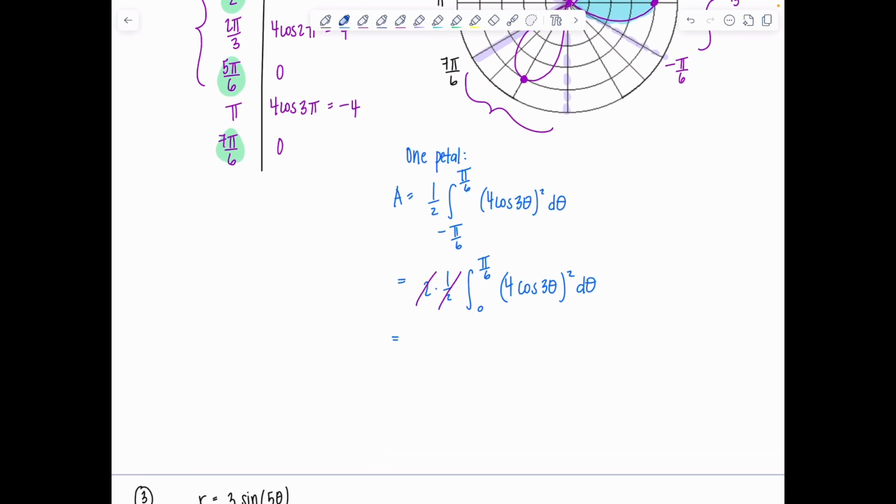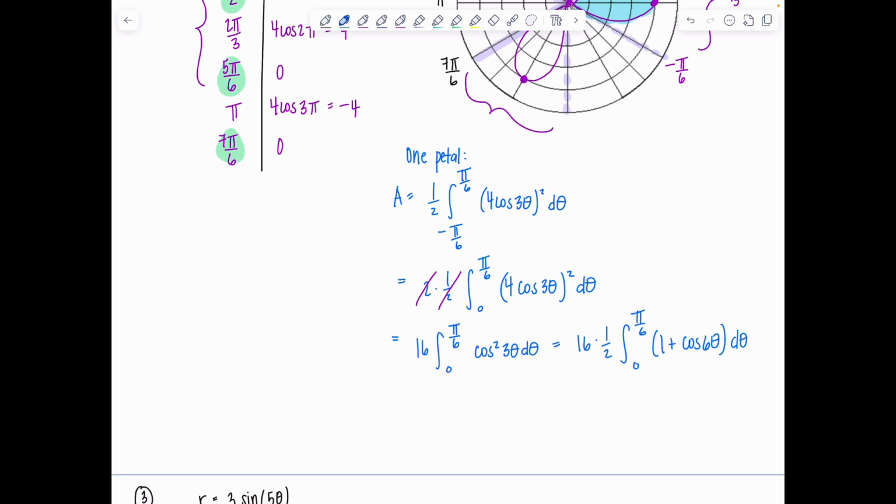Then this is going to be 16 integral 0 to pi over 6 cosine squared 3 theta d theta. Again, cosine squared, we're going to replace it with 1/2, 1 plus cosine 6 theta. So let me take the 1/2 outside. 0 to pi over 6, 1 plus cosine 6 theta d theta.